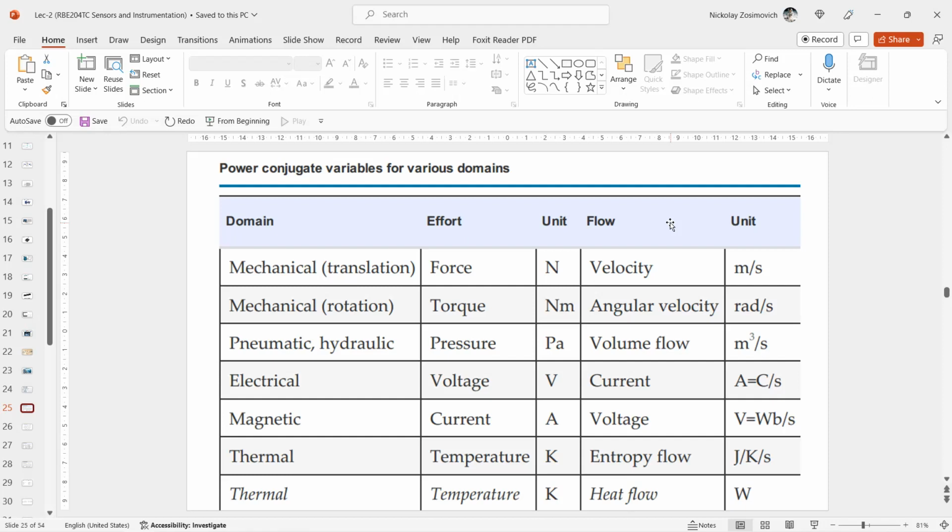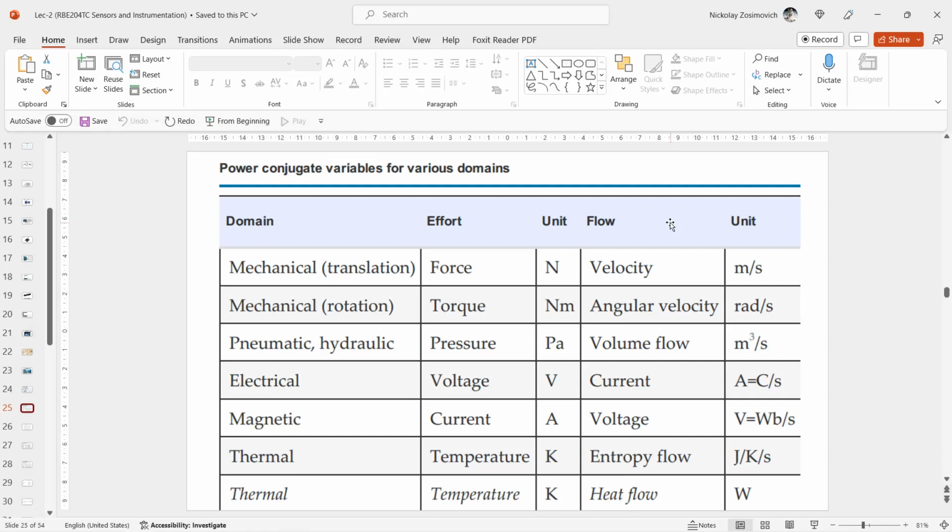And a through variable is a type of variable that has the same value at both terminals of the lumped element, like electrical current and force. Through variables are also called generalized I variables. Cross variables are called generalized V variables.